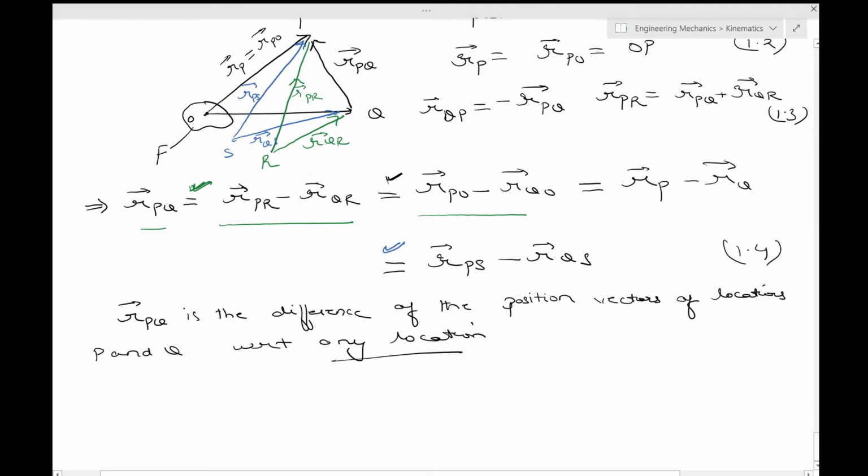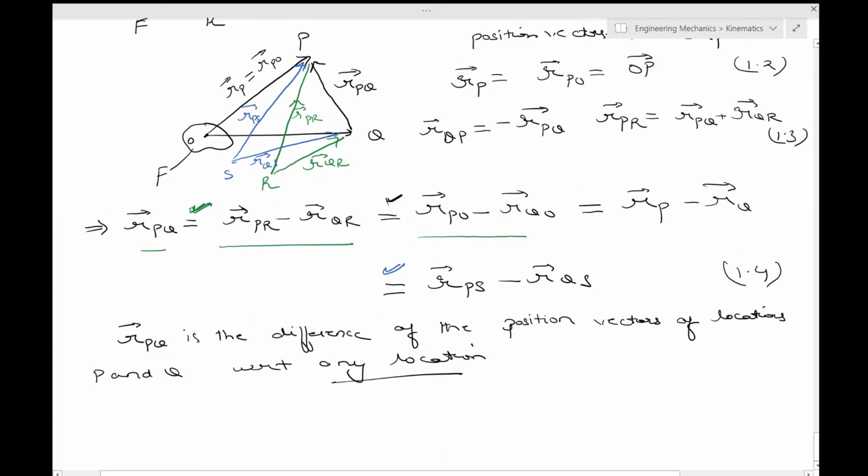Just by looking at 1.3, we can write RPR is equal to RPQ plus RQR.